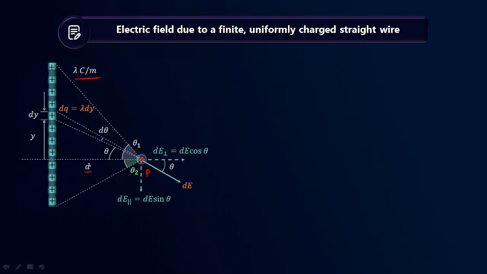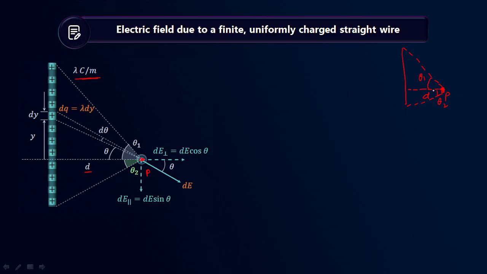If I draw a perpendicular from this point P to the wire, one end of the wire makes angle theta 1 and the lower end of the wire makes an angle, let us say, theta 2. This will be given in the question. Now we have to find the electric field at point P, right?